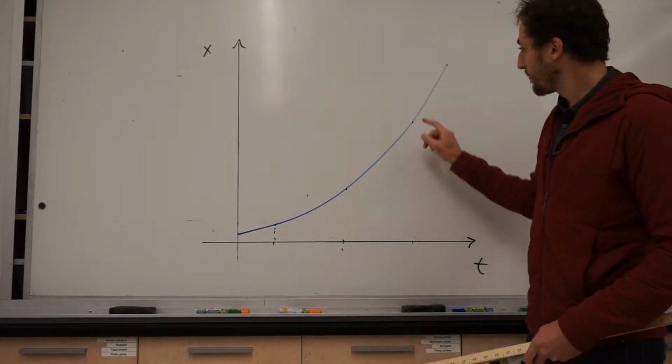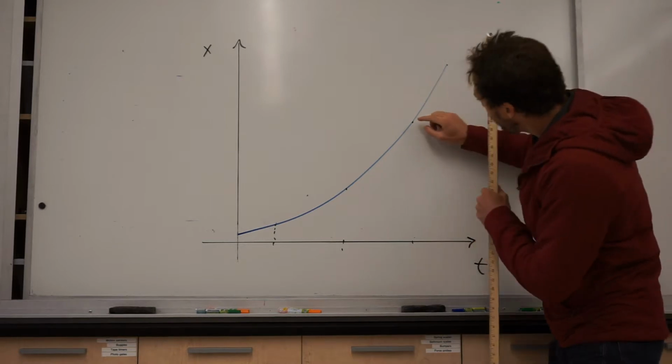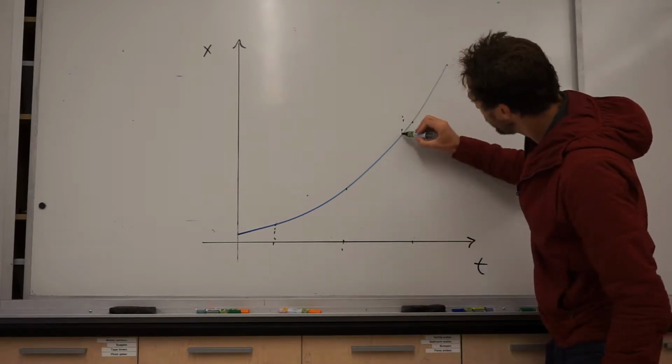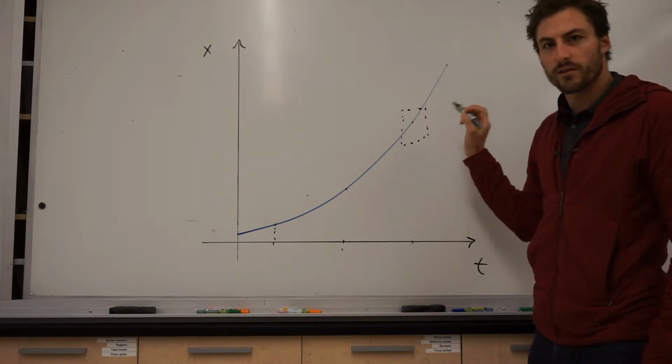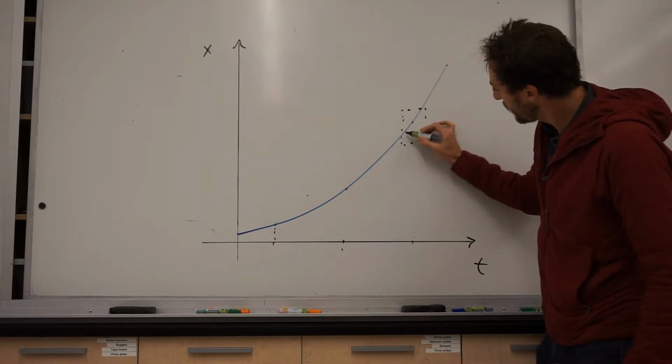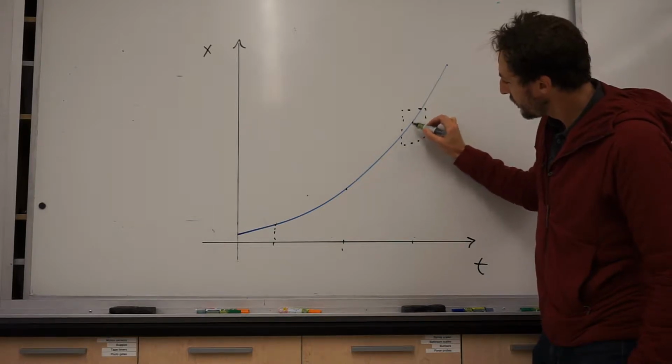In order to find out the slope here, I need to think about, what if I zoom in to just a little area? I'm just focusing on this little area. In this little area, the line is a little more straight.